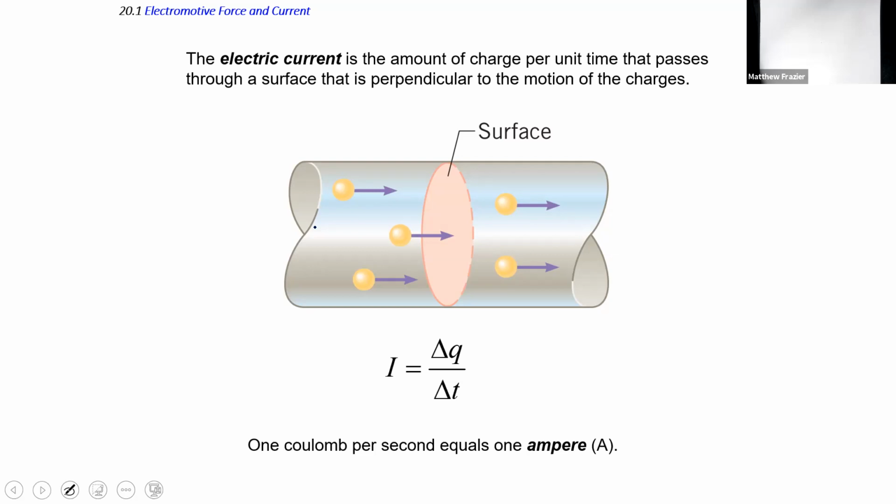And we define some units here. Charge is in coulombs and time is in seconds, and those are amperes, or amps is colloquial. We also have I here as our current.